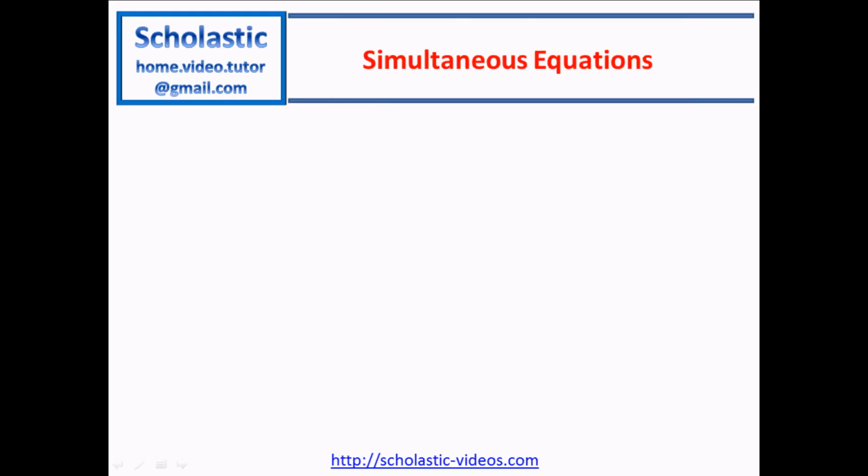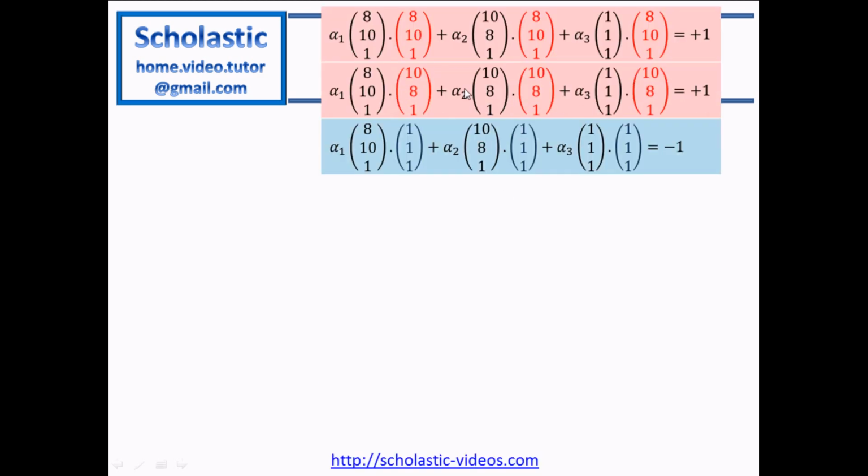Okay, what we have seen just now are 3 simultaneous equations. We need to simplify these three equations to find alpha 1, alpha 2, alpha 3.